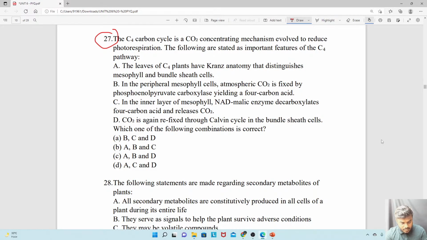Okay, what is the answer for question number 27?